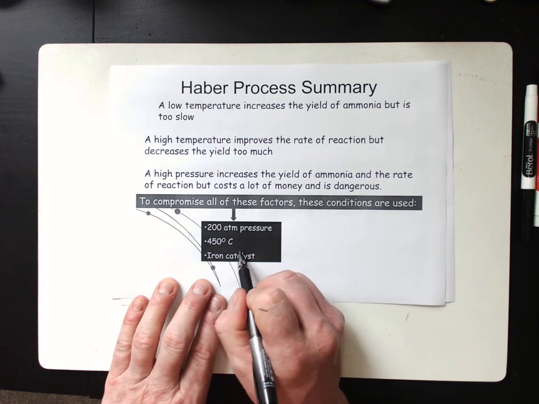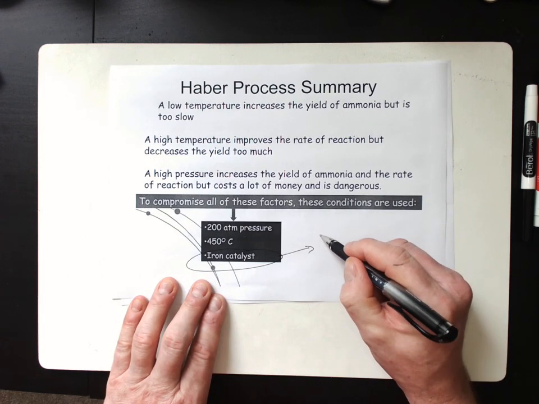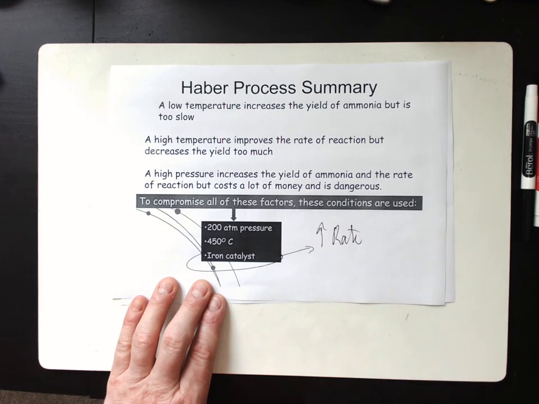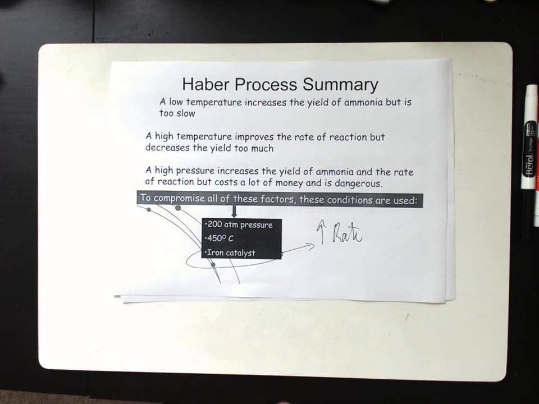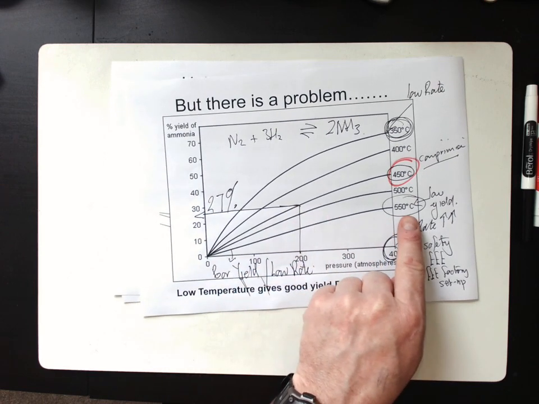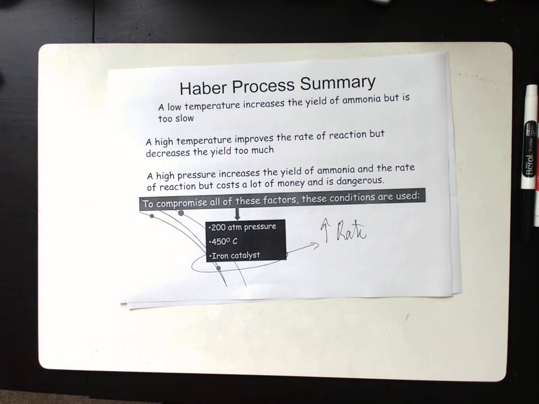And then our rate: because we are running at a lower temperature, we have a catalyst, and even at that lower temperature, that catalyst will increase the rate. So that offsets our issue with using a lower temperature than we might use. Even at this compromise temperature, with a catalyst in situ, we still get a decent rate.